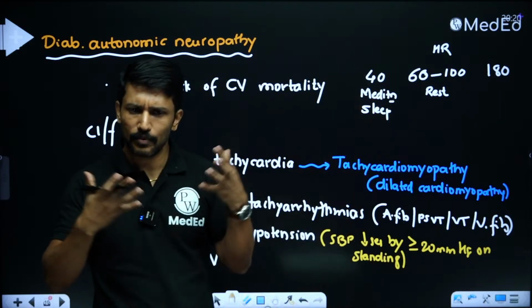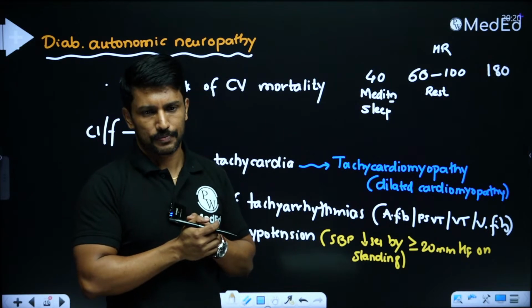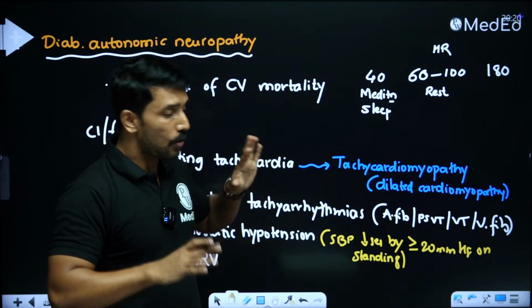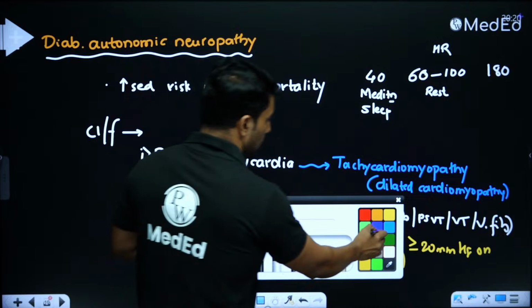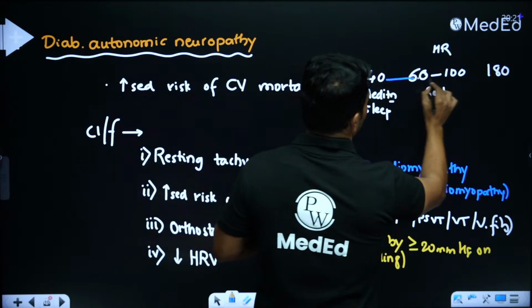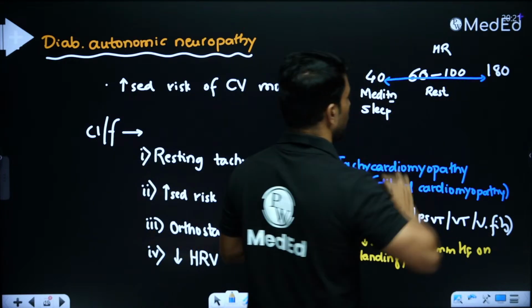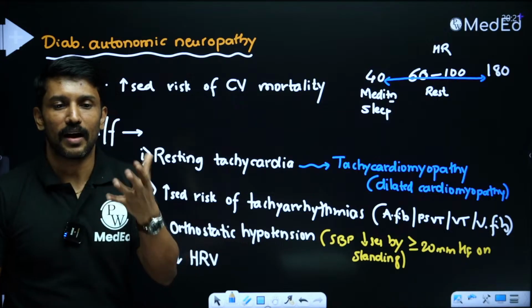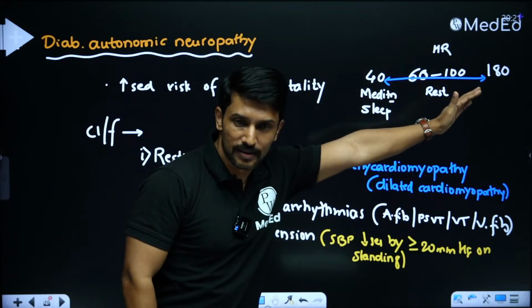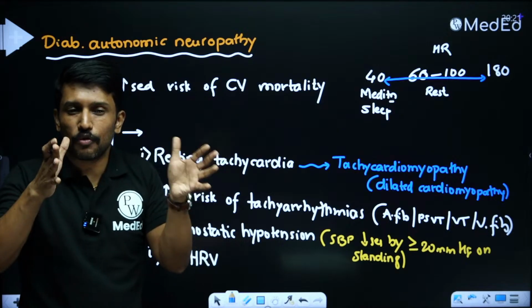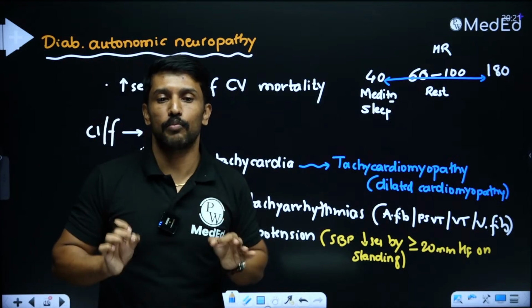All sinus rhythm, normal physiological range. Okay. So now what is the range of heart rate available for me? 40 to 180. So this is what we call my heart rate variability, right? Minimum 40, max is 180. So I have this much range of heart rate available to me.